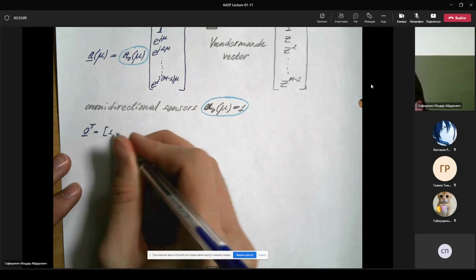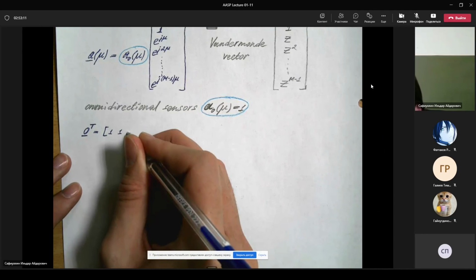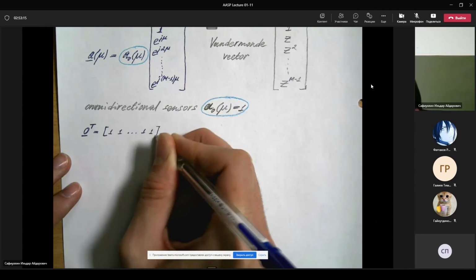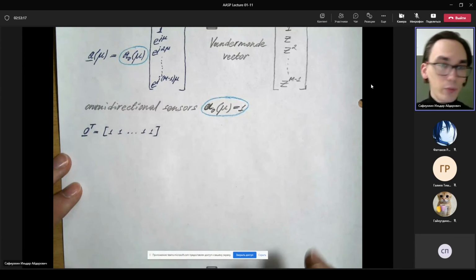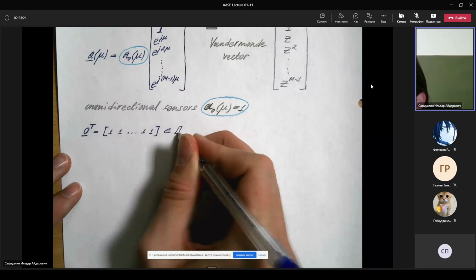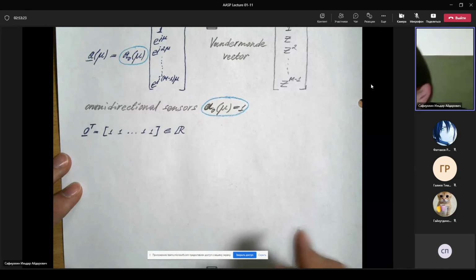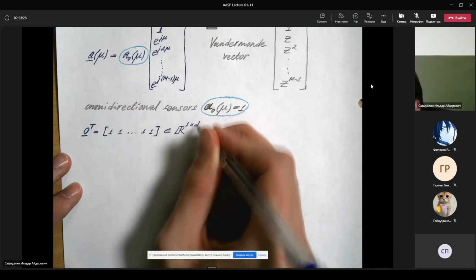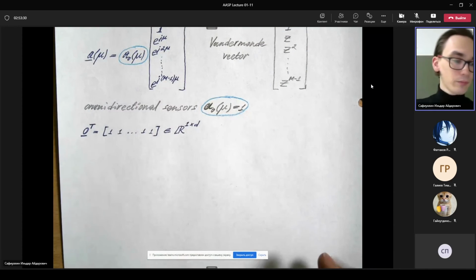So 1, 1, 1, and 1. The vector of ones, so it is a real vector of size 1 times D, where D is the number of sources.